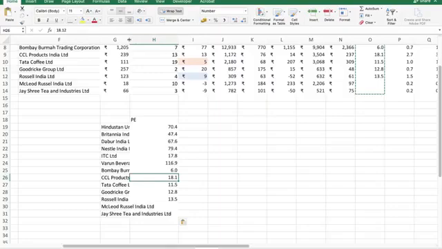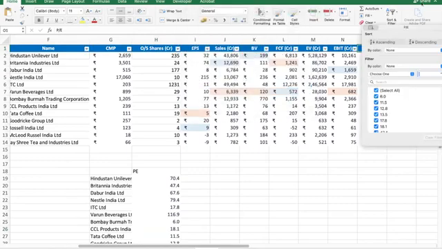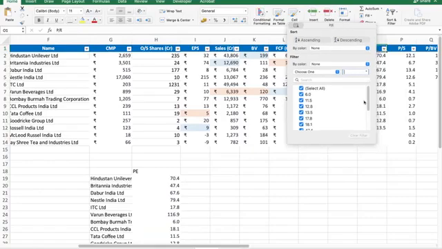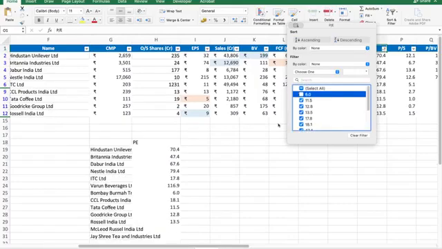Another way is to just put a filter. In this filter, just remove any outliers if you feel so. I'll remove the blanks, and I'll remove this number. The other numbers I'll keep, or I'll remove the six also, because it is very small.